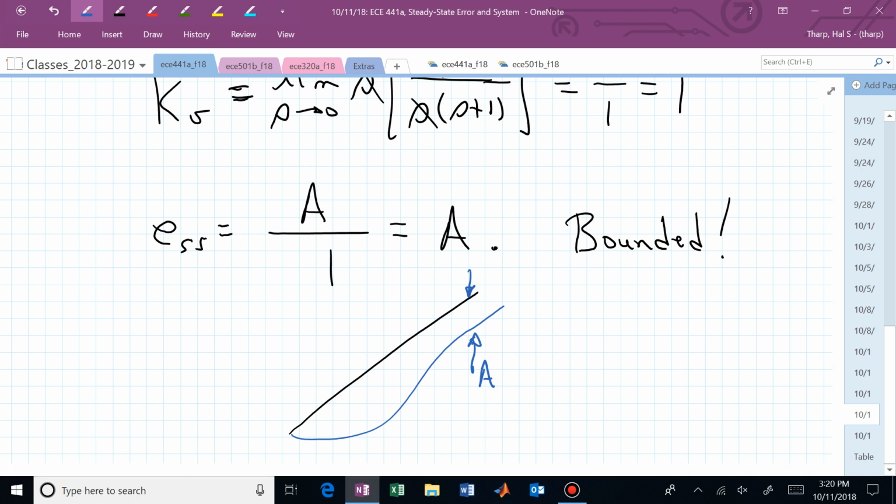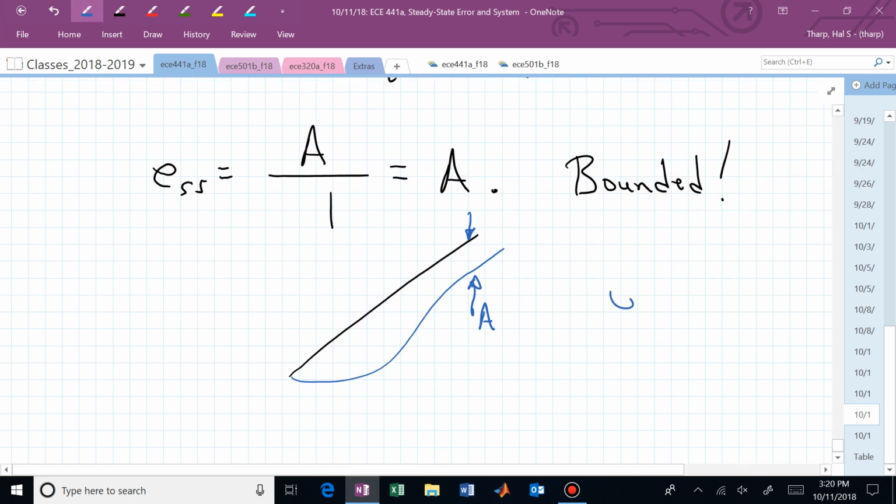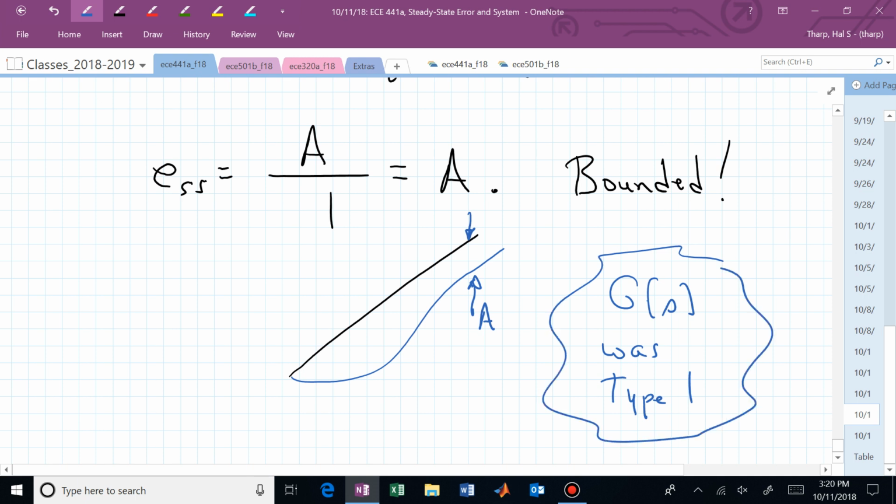So we do have a bounded error. Our system was a type 1 system, and as long as our closed loop system was stable, that allowed us to have a bounded steady state error due to a ramp input.